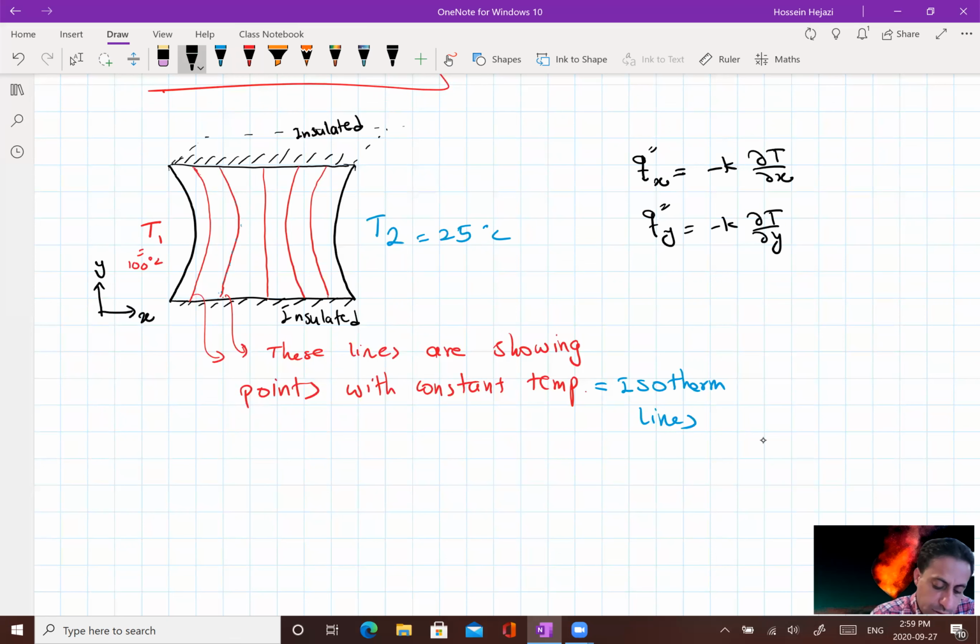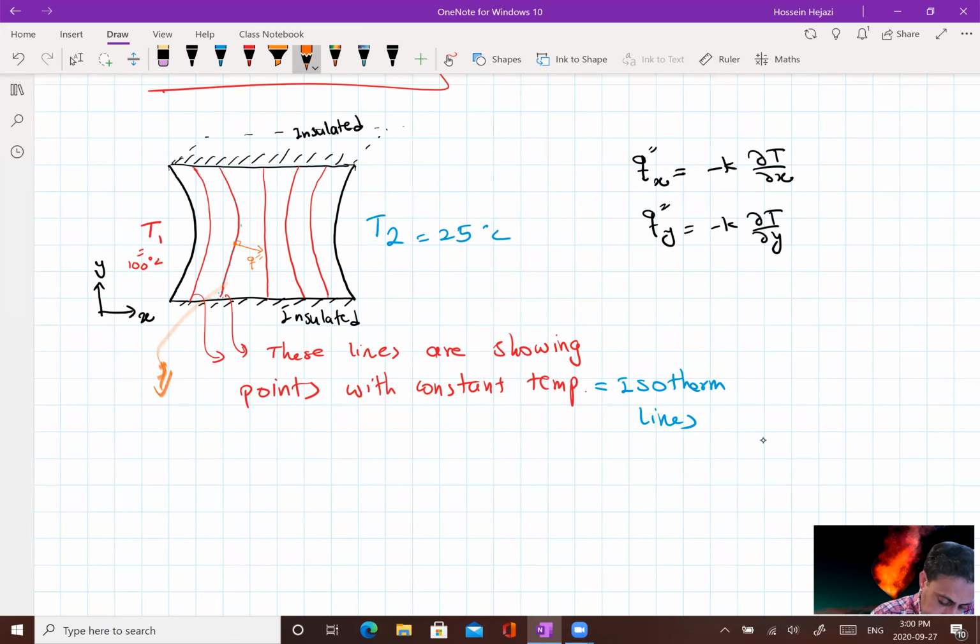So at any point in this domain, if I find the temperature gradient with respect to x and y, I can find the flux, and the heat flux is always going to be normal to the isotherm. So if I want to find the heat flow at this point, the vector is always going to be normal to that.